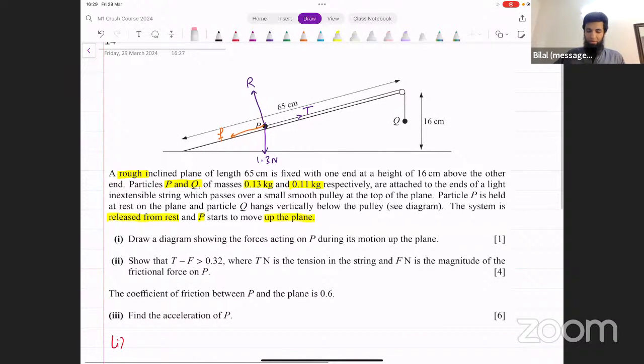Now, how do we think about this? What are the forces acting on the object Q? The weight of Q is going to be 1.1 Newton. That's the force acting vertically downwards on Q. And what about the tension? Tension is going to be in this direction.